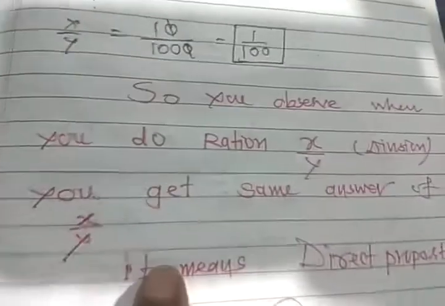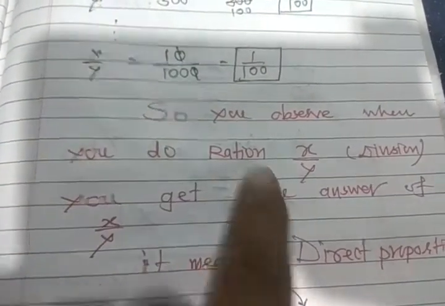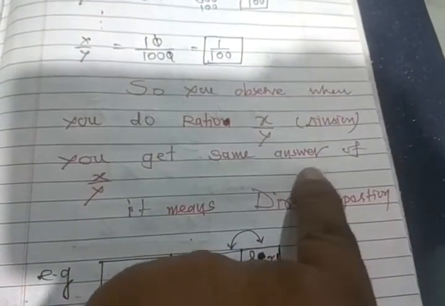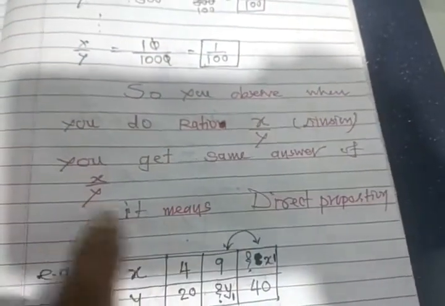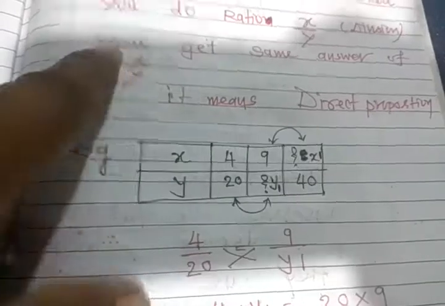So you observe, when you take the ratio x upon y, which means division, you get the same answer. It means it is which proportion? Direct proportion, right?